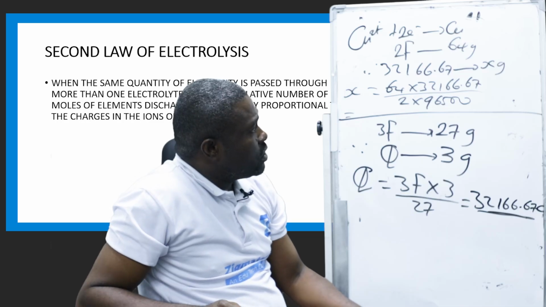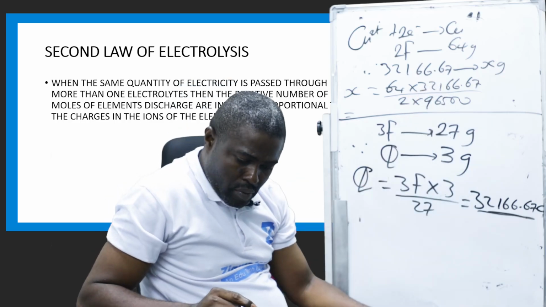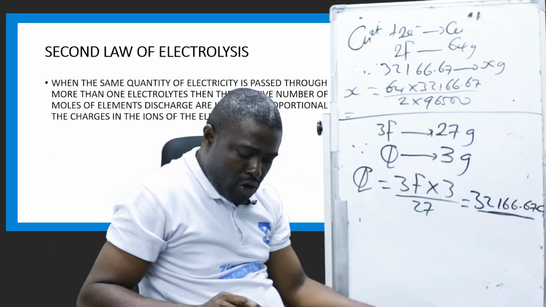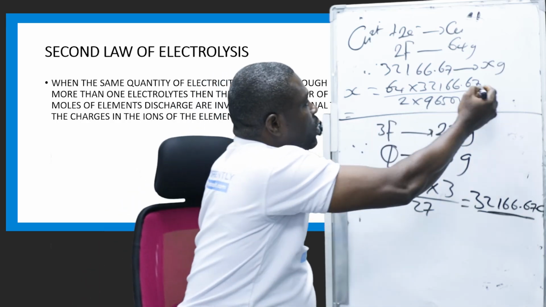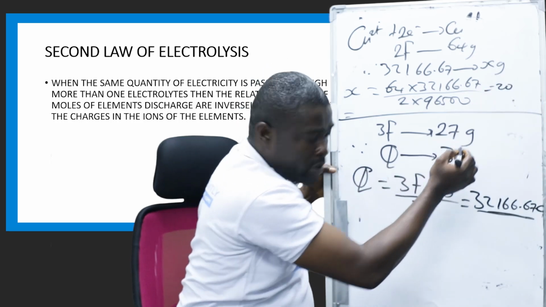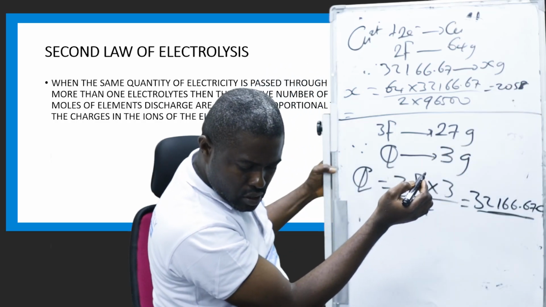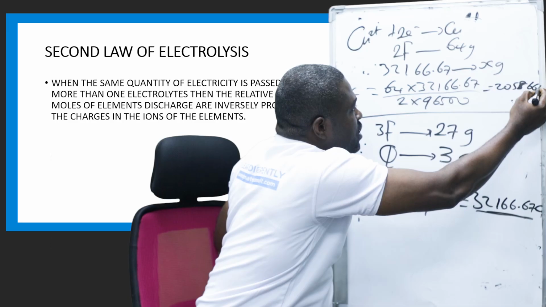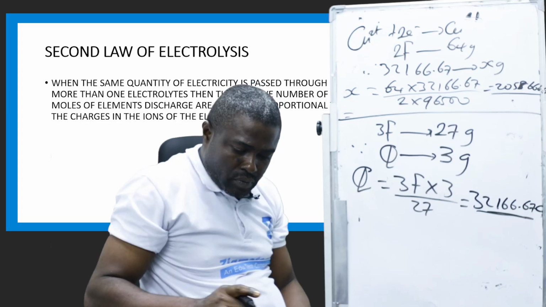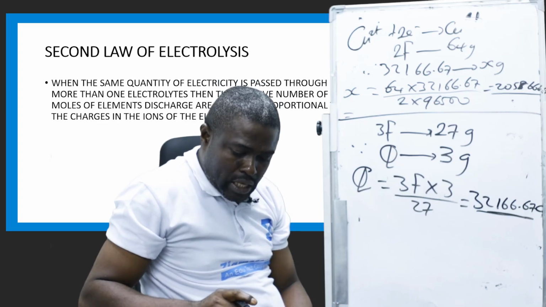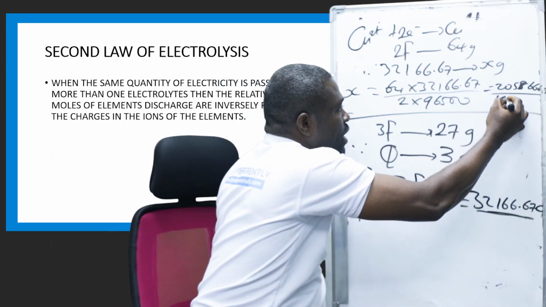So, with this quantity times 64, right, we are going to have 2058666.67, then all divided by 2 times 96500, which is 193,000.